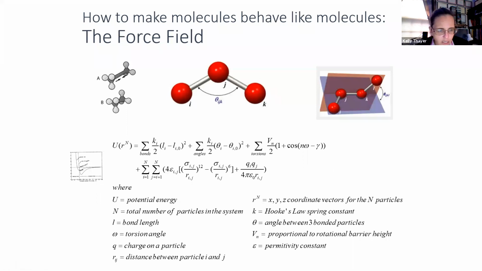What it's saying is that there are some interactions that occur because of the quantum mechanical effects of electron clouds. Because of that, we get our equilibrium bond length. Atoms want to be at a particular length away from each other, because that's how their electron clouds optimally interact. And if you compress them closer than that, they're unhappy because the electrons are bumping into each other and they repel.